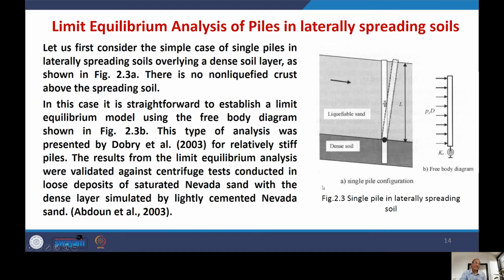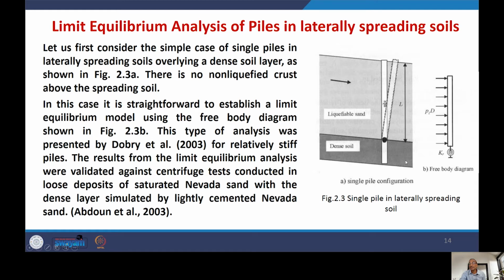For relatively stiff piles, the results from the limit equilibrium analysis were validated against centrifuge tests conducted in loose deposits of saturated Nevada sand, with the dense sand layer simulated by lightly cemented Nevada sand. This comes from the literature, from earlier work done by Dobry, Madabhushi et al., and Abdoun.